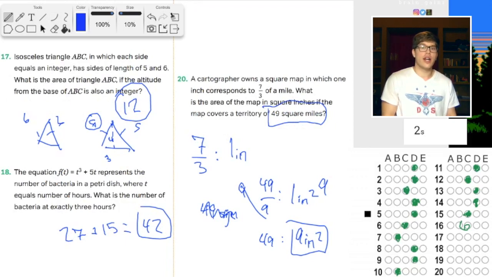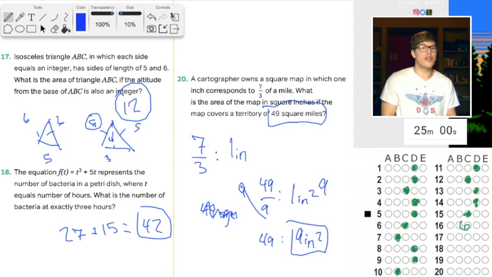It was saying we have an isosceles triangle, and we're only told we have side lengths 5 and 6. So what can we do? Well, we either have a triangle where the 6's are the isosceles, the matching ones, and the 5 is the base, or we have the triangle where the 5's are the isosceles and the 6 is the base.